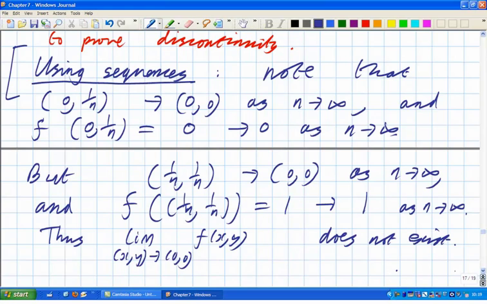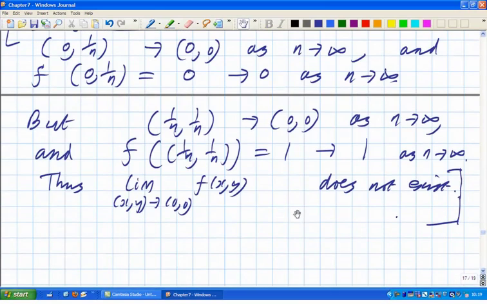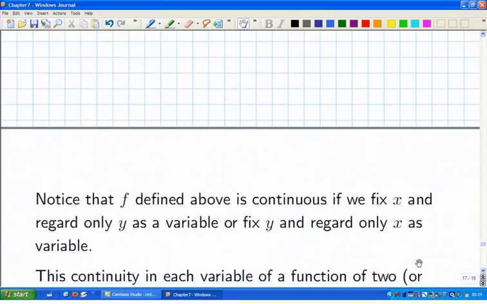Thus, the limit of f of xy as xy tends to 0, 0 does not exist. And that's how to do it with sequences. You don't have to. If you've got a convincing direction of approach to the origin, you can use that.